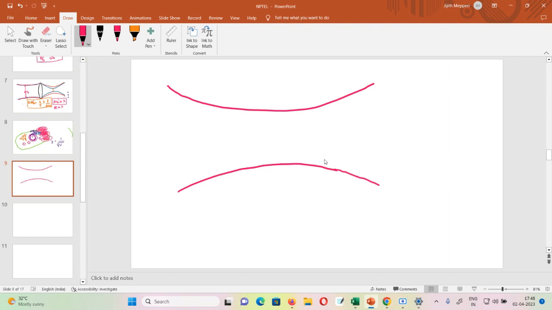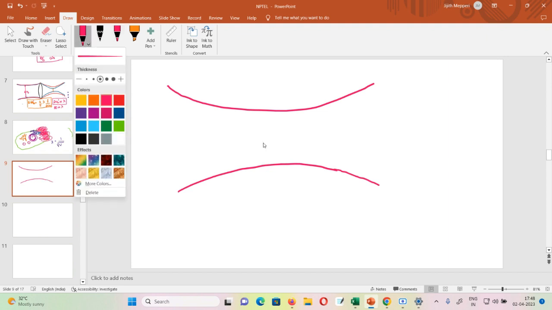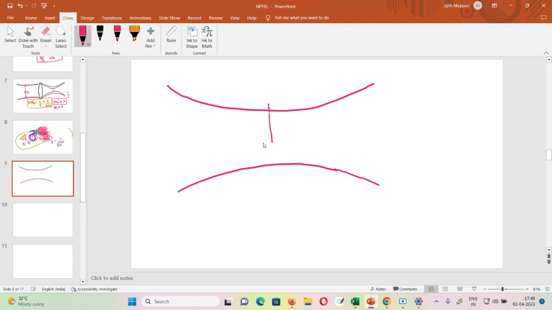What is the radius of curvature at the beam waist? For a Gaussian beam, what is the radius of curvature at the beam waist? Any idea?